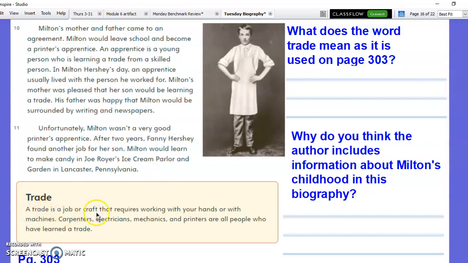A trade is a job or craft that requires working with your hands or with machines. Carpenters, electricians, mechanics, and printers are all people who have learned a trade. Why do you think the author includes information about Milton's childhood in this biography? Little inference question there.